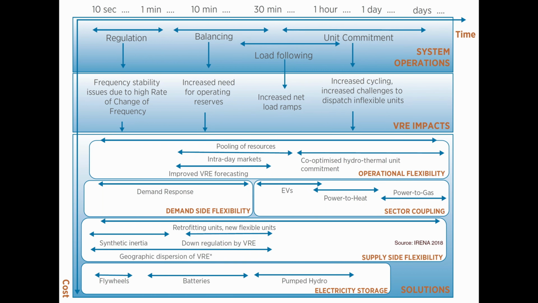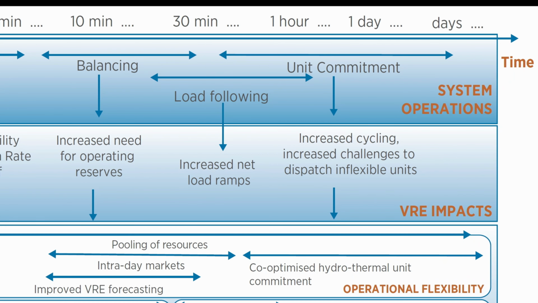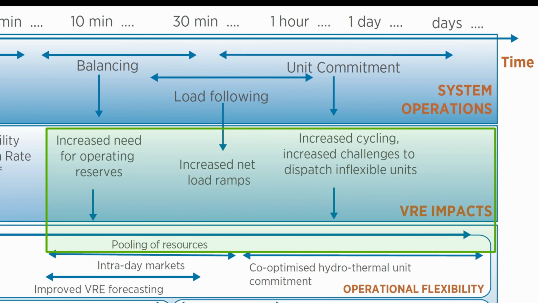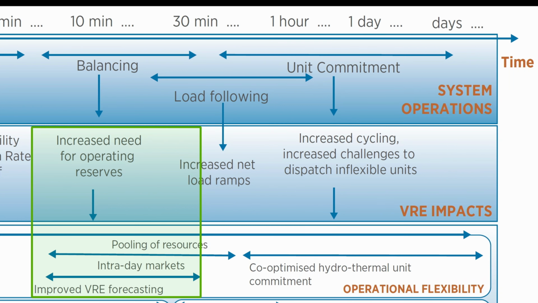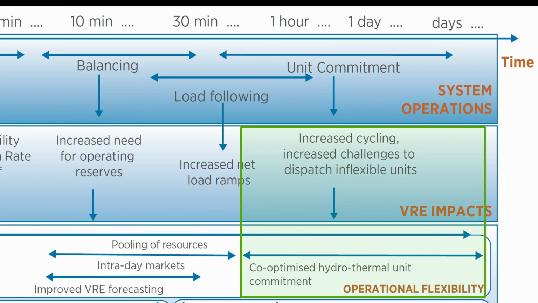There's also a more costly option on the operation flexibility side. So we can carry out pooling of resources, which helps a lot. We can take a look at intraday markets. We can improve the forecasting for wind and solar. We can also co-optimize hydrothermal units.